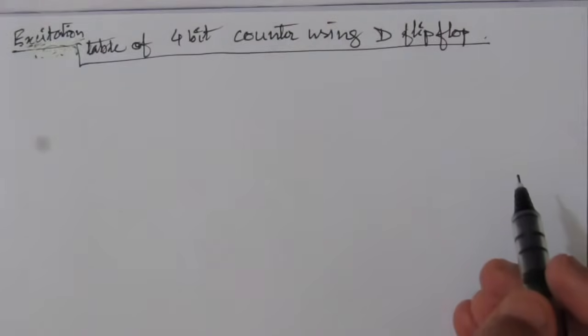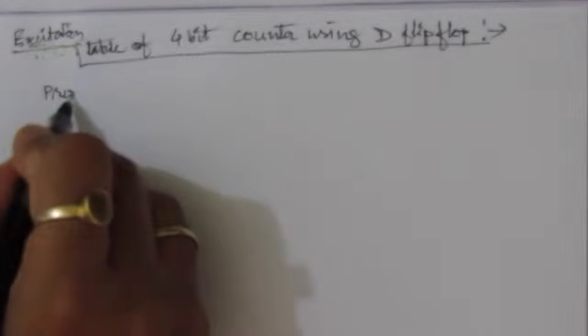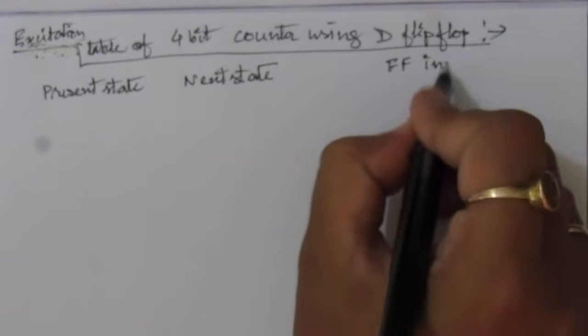Now we will make the excitation table for the 4-bit counter using D flip-flops. Here also we will have the present state, then the next state, and here we will have the flip-flop inputs.